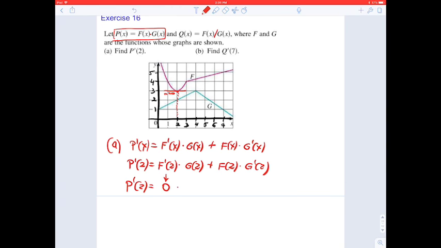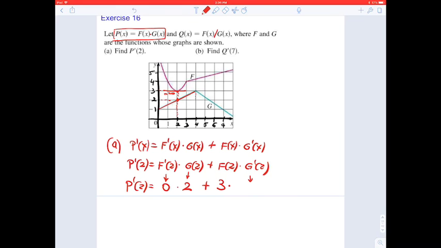G at 2 is simply the value of the function g at 2. 2 corresponds to 2. Plus f at 2 is just the corresponding value, which will be 3, times g prime at 2, the slope of the tangent line at 2 for the function g. That's the corresponding point, and if I draw a tangent, it will be like that. What's the slope of this line? Rise over run.